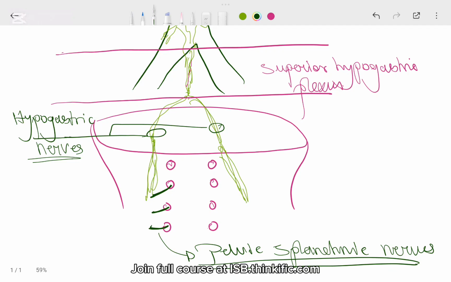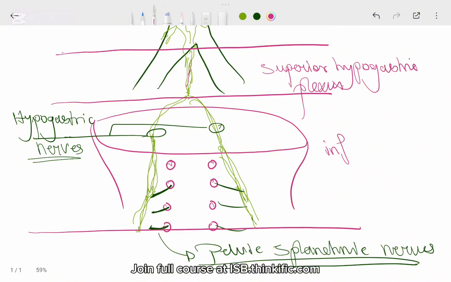Number 3, they join the hypogastric nerves, and together they make up another plexus called the inferior hypogastric plexus. This one inside the pelvis is called the inferior hypogastric plexus, a very important plexus in exams.